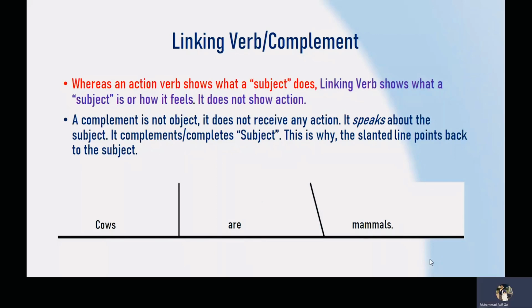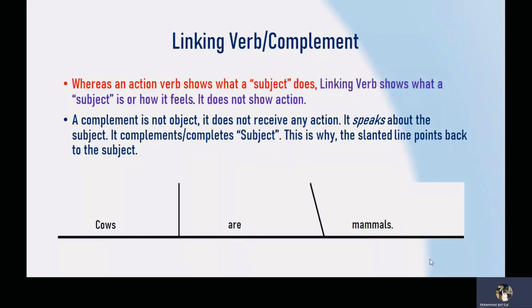The slanted vertical line before mammals points back towards the subject. It means that it says something about the subject, it complements. By complement, we mean to complete. It completes the subject.